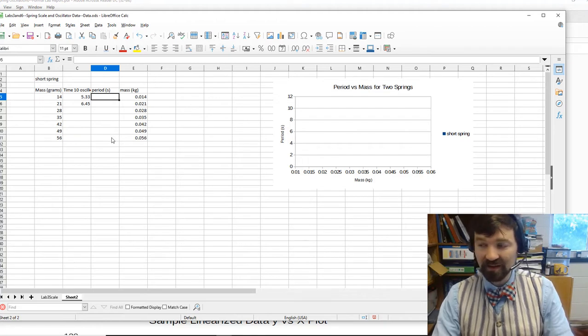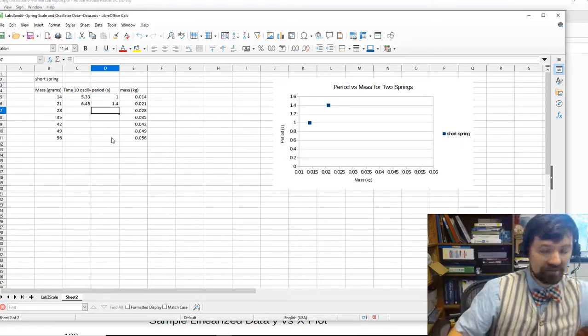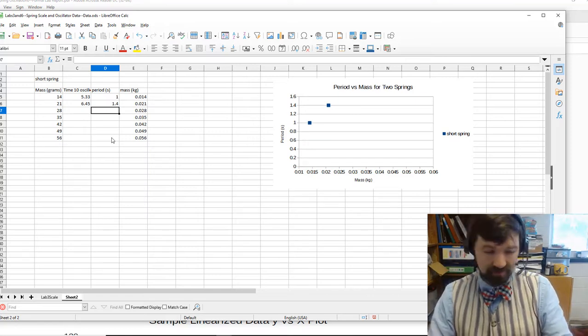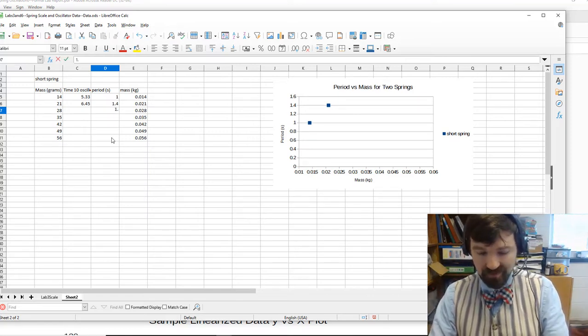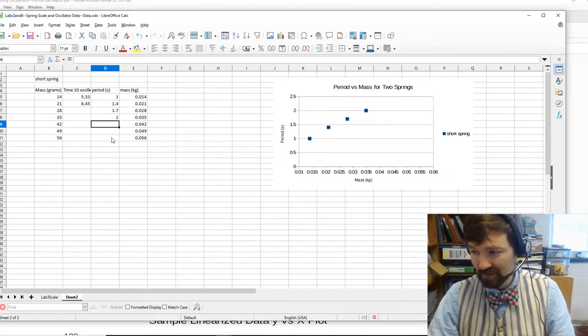Maybe I use a different spring, and I happen to get, say, 1 here, and then this one might be like 1.4, etc. So this one maybe is like 1.7. This one maybe is like a 2. This one right here, etc., etc.